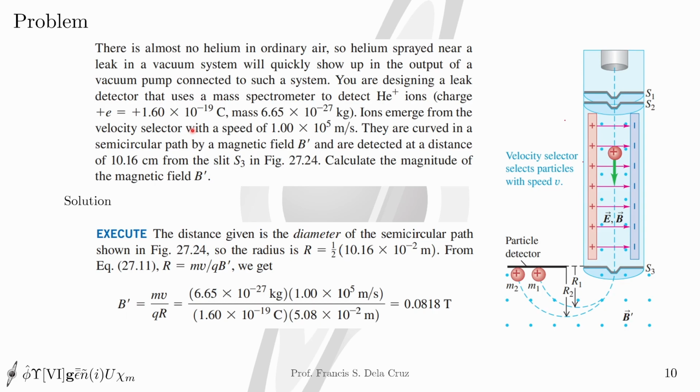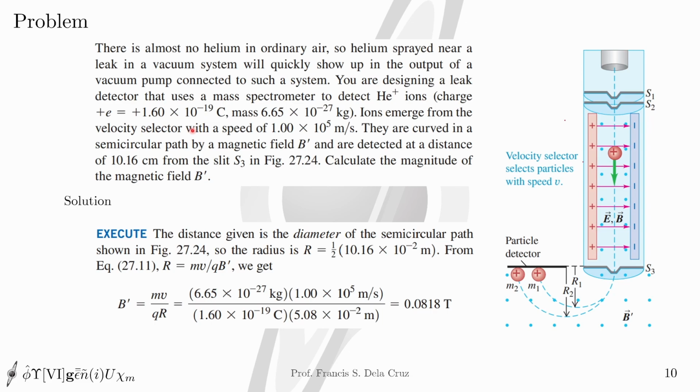There is almost no helium in ordinary air. So helium sprayed near a leak in a vacuum system will quickly show up in the output of a vacuum pump connected to such a system. You are designing a leak detector that uses a mass spectrometer to detect He positive ions.